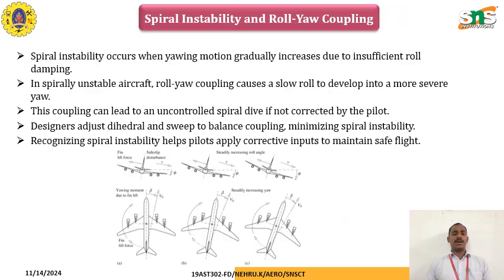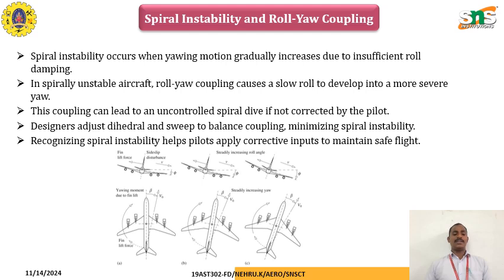Spiral instability and roll yaw coupling. This is a dynamic case. Spiral instability occurs when the aircraft motion gradually increases due to insufficient roll damping. In a spiral unstable aircraft, roll yaw coupling causes a slow roll to develop into a more severe yaw.